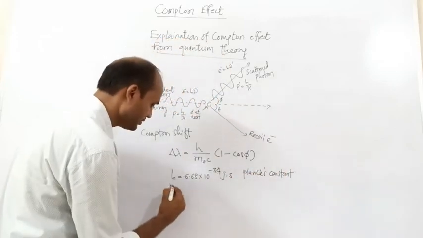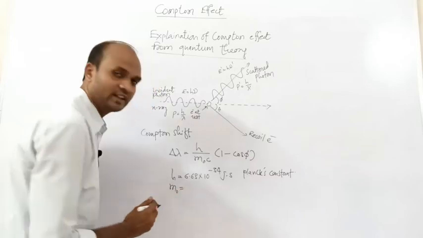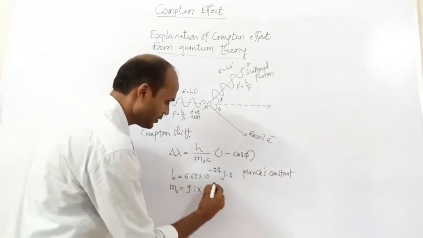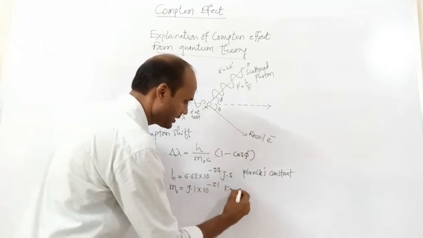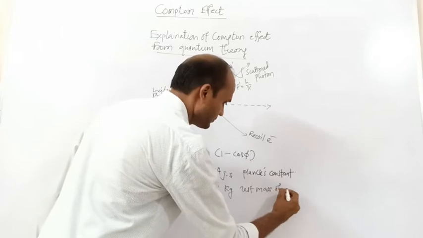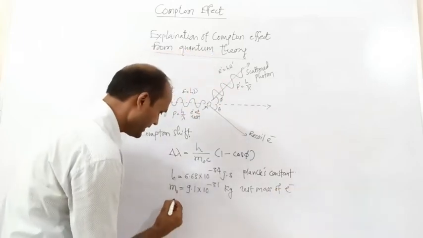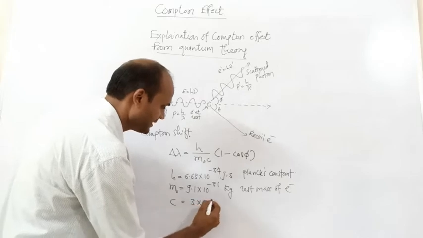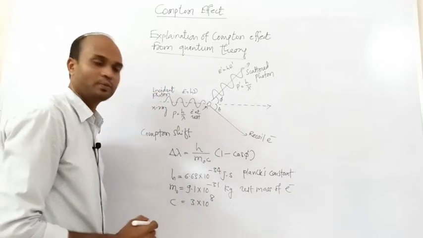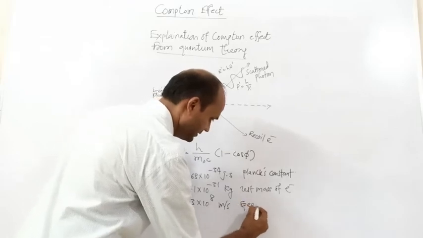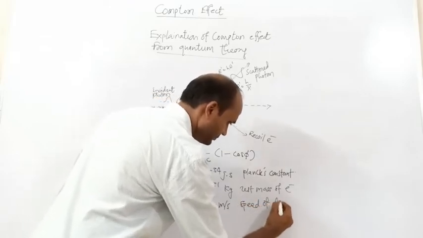Then m0 is the rest mass of the electron, which is 9.1 into 10 raised to power minus 31 kilogram. And c is the speed of light, which is 3 into 10 raised to power 8 meter per second.